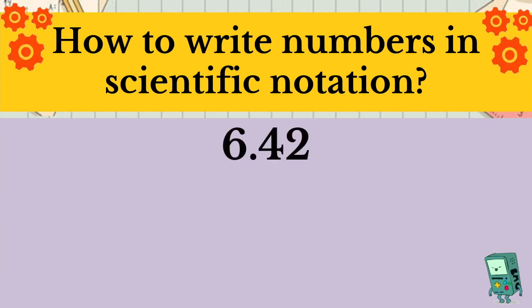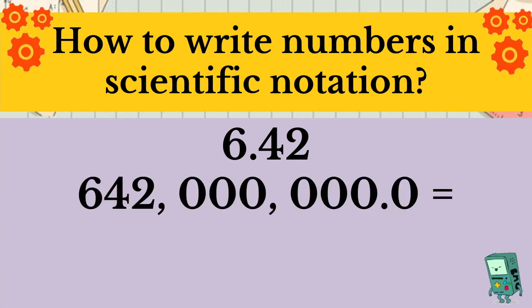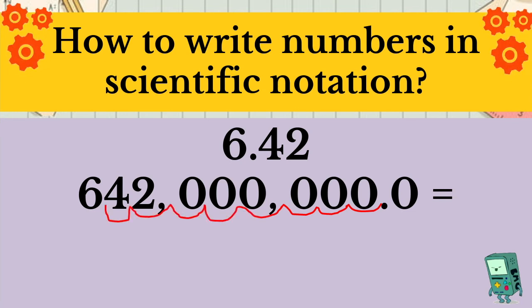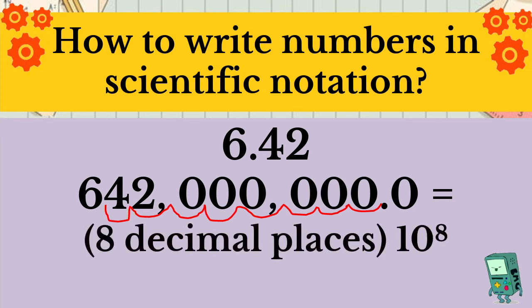At this step, we need to determine how many times we have to move the decimal point in order to reach 6.42. So 1, 2, 3, 4, 5, 6, 7, and 8. So meaning to say, it has 8 decimal places. 6.42 can be multiplied by 10 raised to 8.